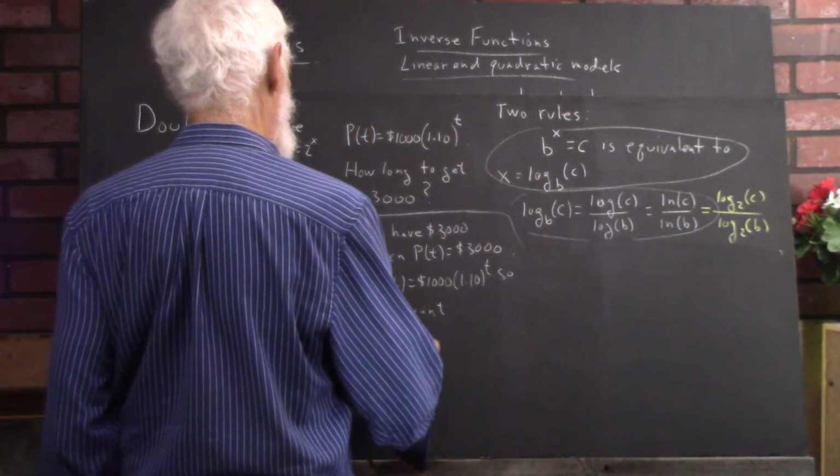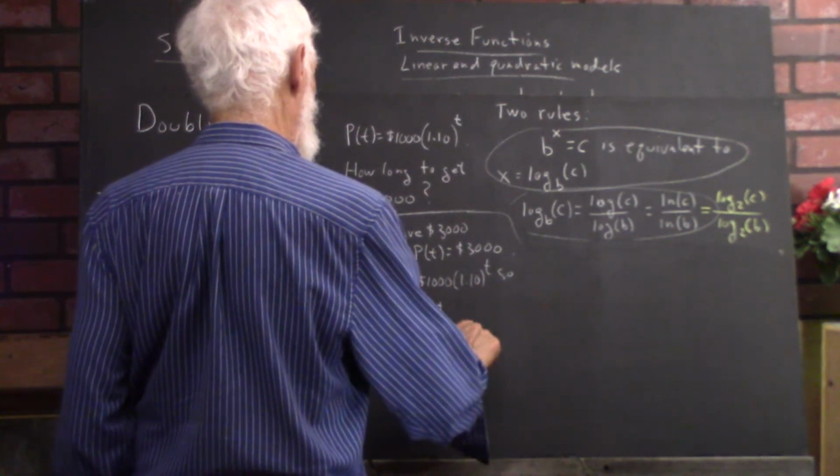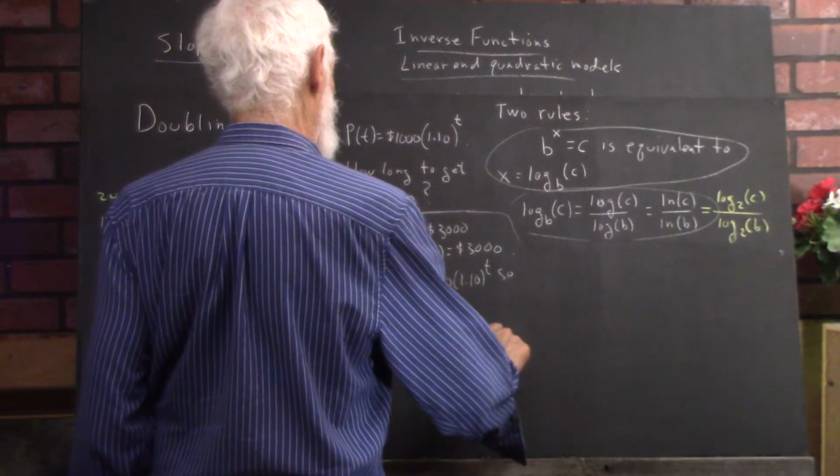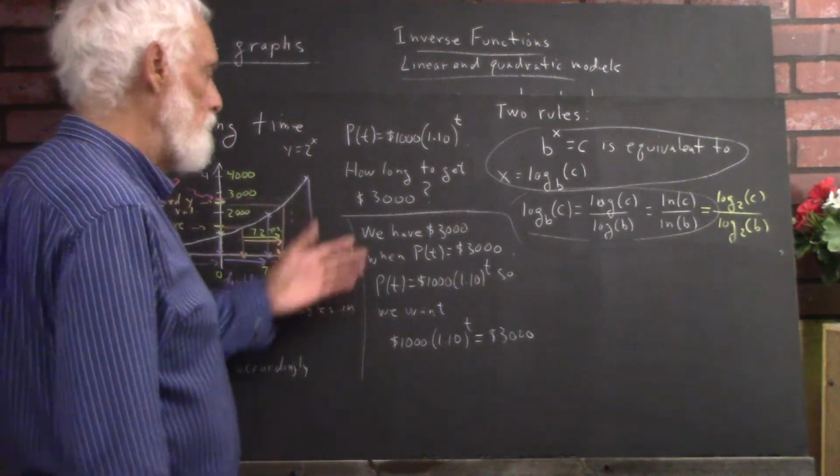So we want $1,000 times 1.10 to the t to equal $3,000.